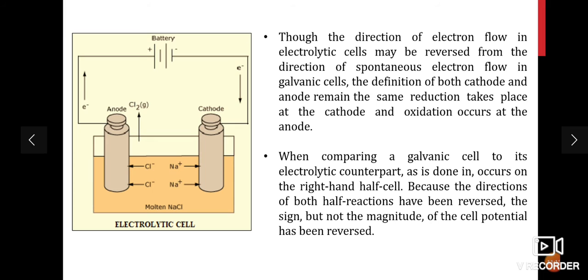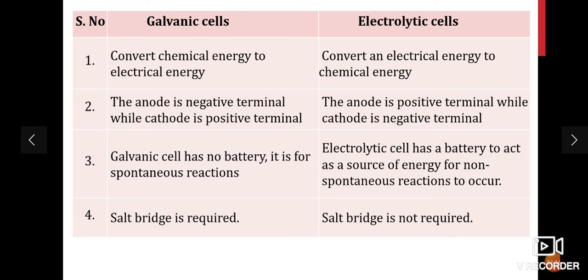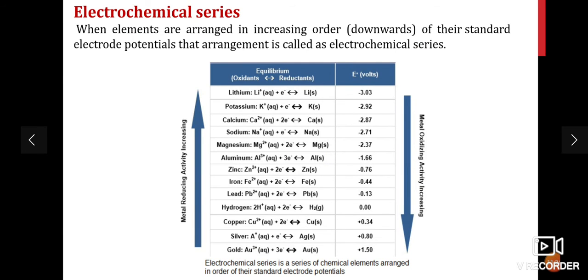So the sign but not the magnitude of the cell potential has been reversed. And this is the difference between a galvanic cell and an electrolytic cell. Pause this video and go through this table for a while.